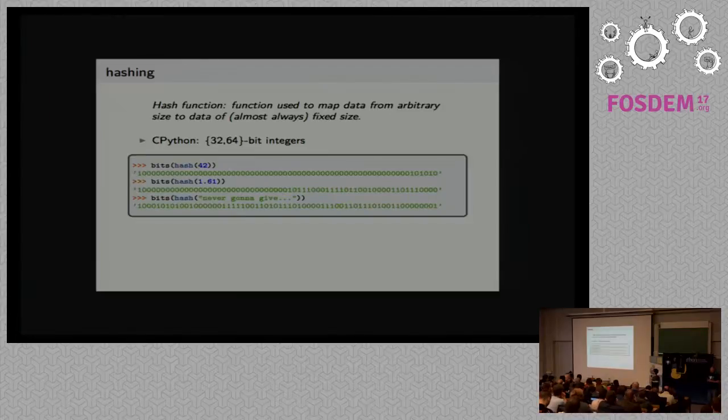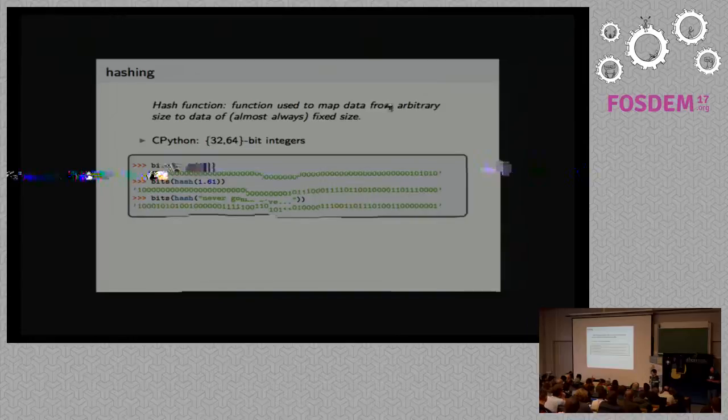If you want to hash 42, this gives you an integer that's represented here as a bit string, just zeros and ones, 64 of them. Same with 1.61, this gives you this number, and if you hash "never gonna give", this gives you this other number. You don't have to know deeply how hash functions work to just use them.